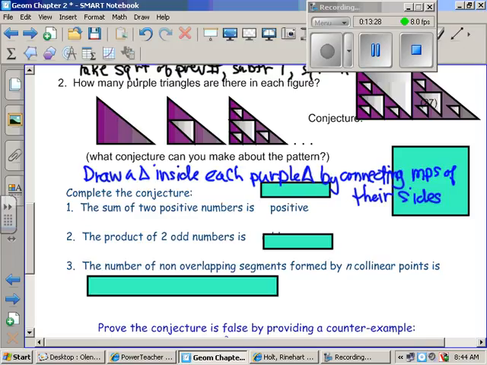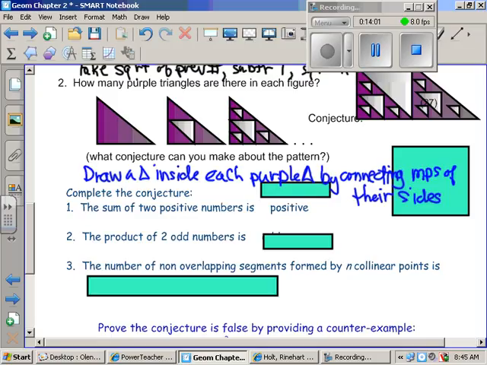3 times 3 is 9. In geometry, we get a lot of jokes because you think you're onto something, and then someone comes up with a counterexample. The product of 2 odd numbers is odd. All right, guys, focus. That's the way you want to do this, using inductive reasoning. Start coming up with examples. 1 times 3, 3 times 5, 5 times 7, 7 times 9.